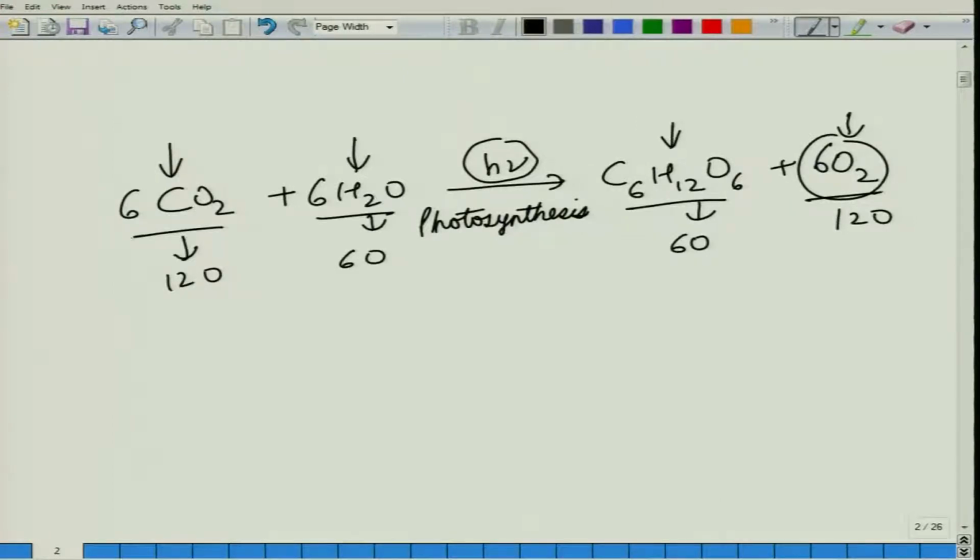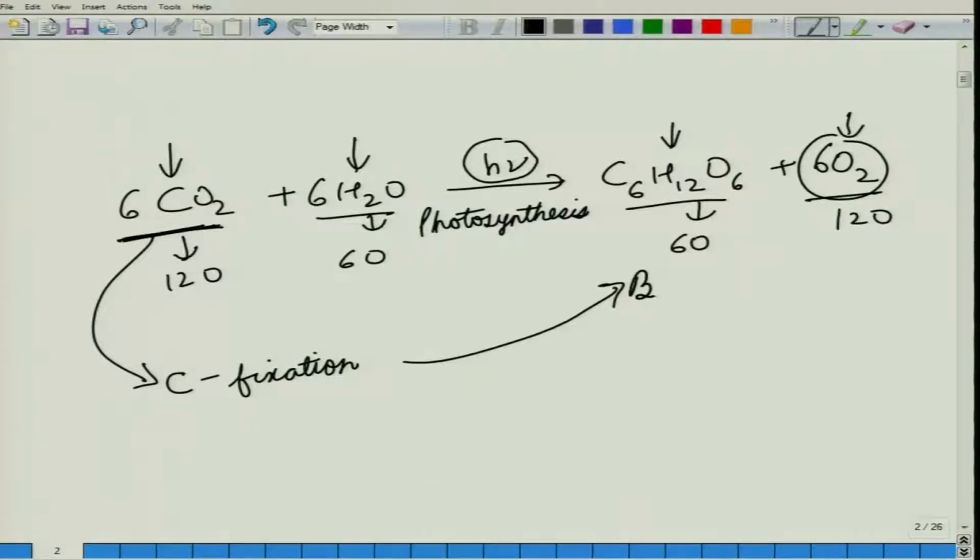Now, taking this carbon dioxide is also important in the case of carbon fixation. Carbon fixation is the process in which this carbon dioxide from the atmosphere is fixed into biomass. For instance, this sugar is a biomass. It might later be polymerized or maybe converted into other biomass.